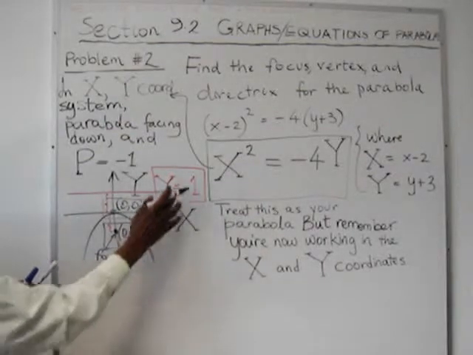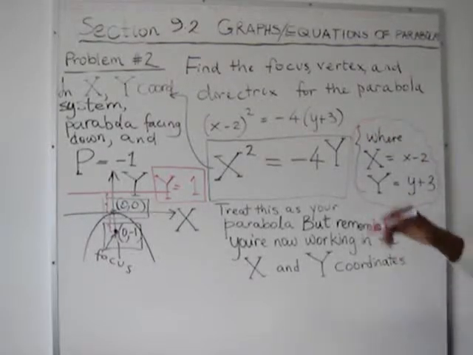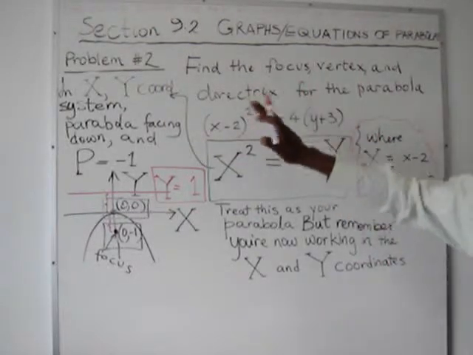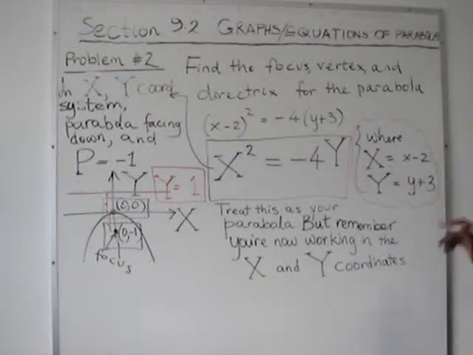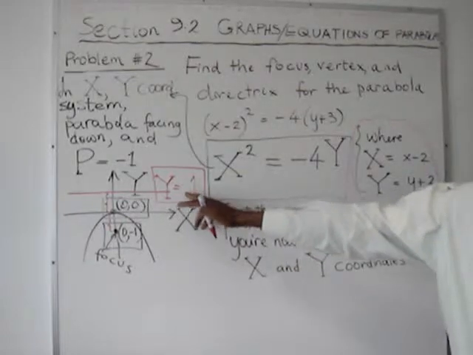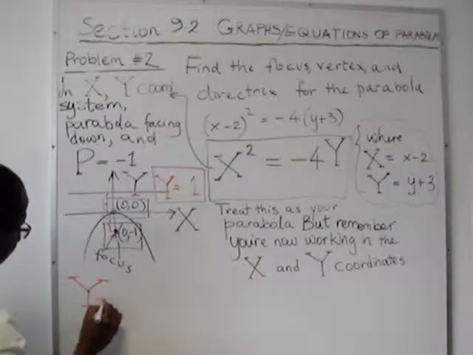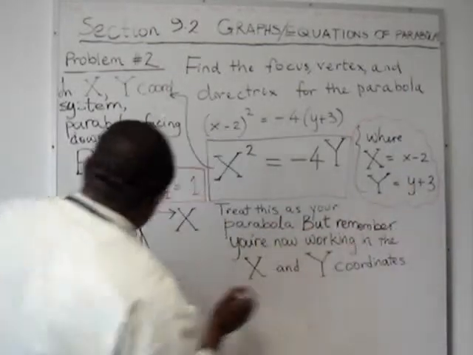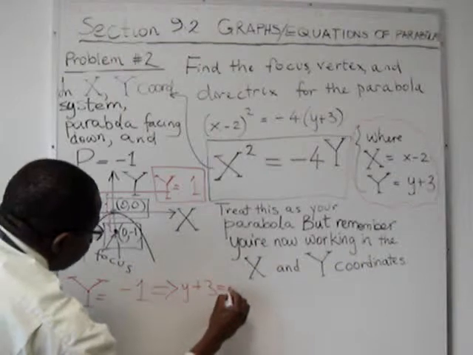All you now have to do is use this relationship, which we used initially to go from the little x, little y coordinates to the big X, big Y. So now, if the directrix is big Y equals minus 1, and big Y is little y plus 3, that means y plus 3 equals minus 1.